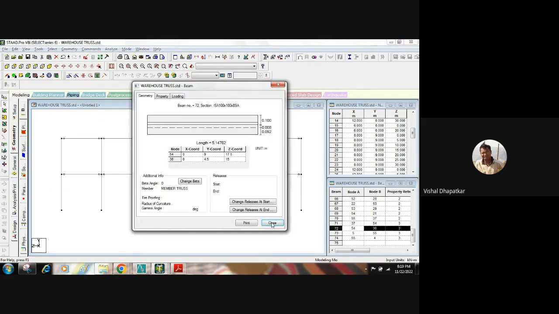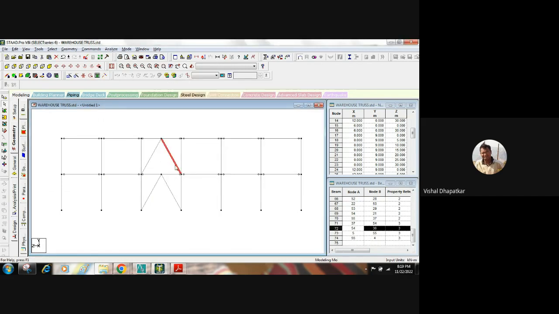We have applied a truss member for these bracings, so it will carry only axial load. Whatever load is due to the horizontal forces like wind, etc., that will be carried through this bracing to the base plate as an axial force. Okay.